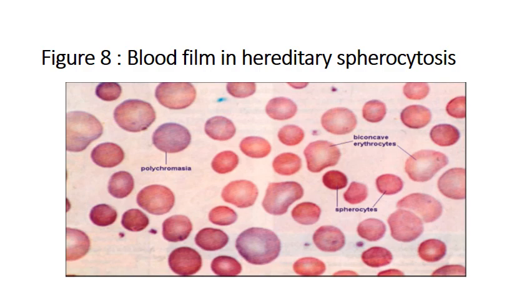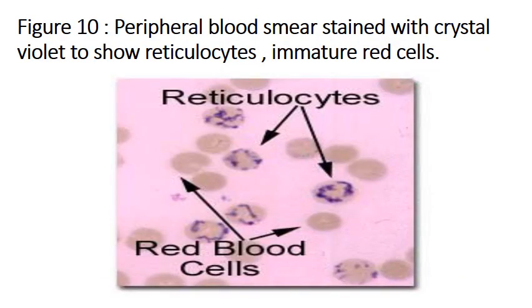Loss of deformability means the spherocyte cannot be deformed in order to get away from the sinusoid, and then it will be trapped by the macrophage. This is a reticulocyte in peripheral blood stained with crystal violet, the stain used to show reticulocytes.